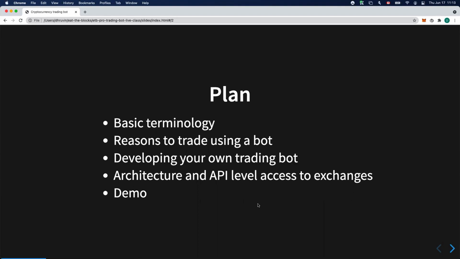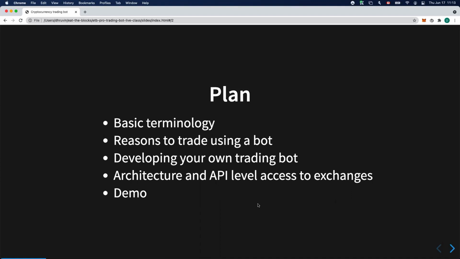We'll look at how you can develop your own trading bot. We will also look at the ideal architecture of an end-to-end trading bot that you can put into production and actually earn some revenue from.